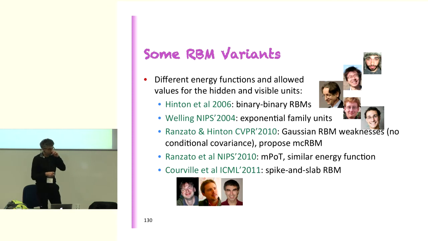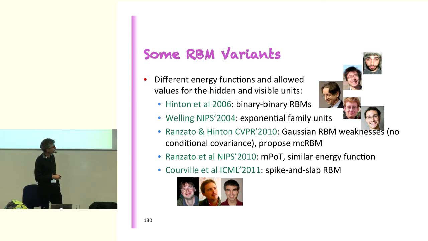And for images, in particular, you really want to model the gray levels. You don't want bits. I mean, that works for MNIST, which are black and white digits, essentially. But for real valued images, you want your model to really capture that. And so there's been a number of proposals over the years.